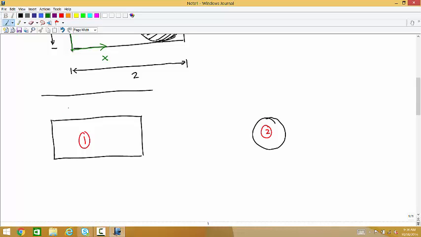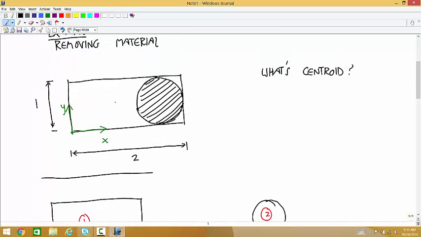Okay, so for the rectangle, area 1 is 2 times 1, so 2. And what are the coordinates of the centroid of the rectangle if you forget about the circle for now? Yeah, that's right. It's 1 over in the positive x direction, and then 0.5 up in the y direction.